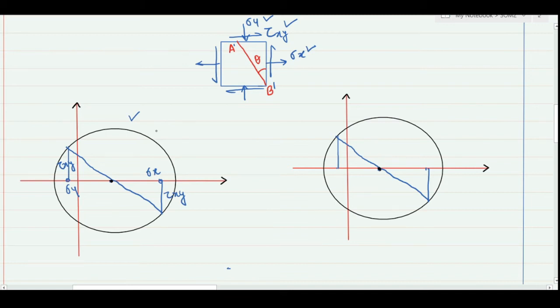In a Mohr circle, every point corresponds to a stress value on an oblique plane of the original system. That means if I have an oblique plane A dash B dash here at an angle theta, there will be a point representing the normal and shear stress of this plane. So our job is to identify that point.